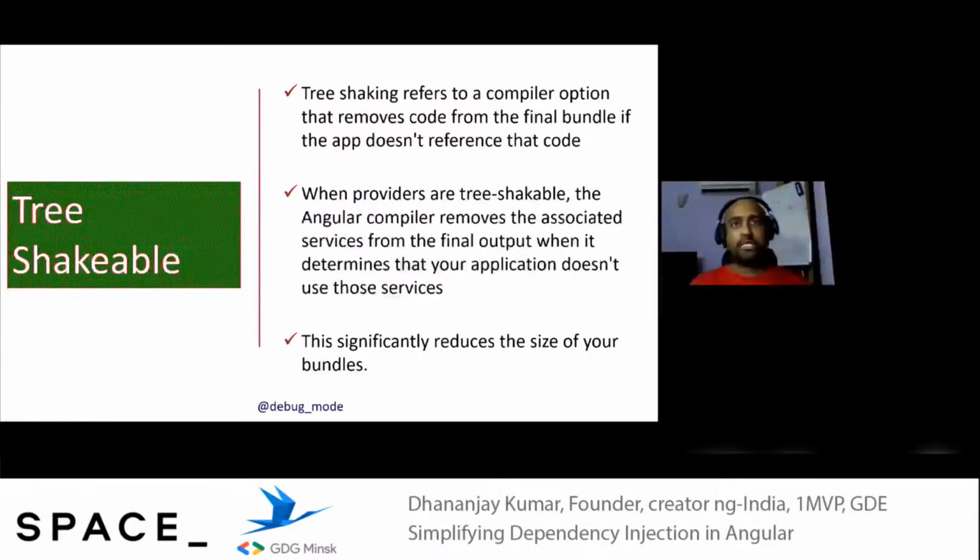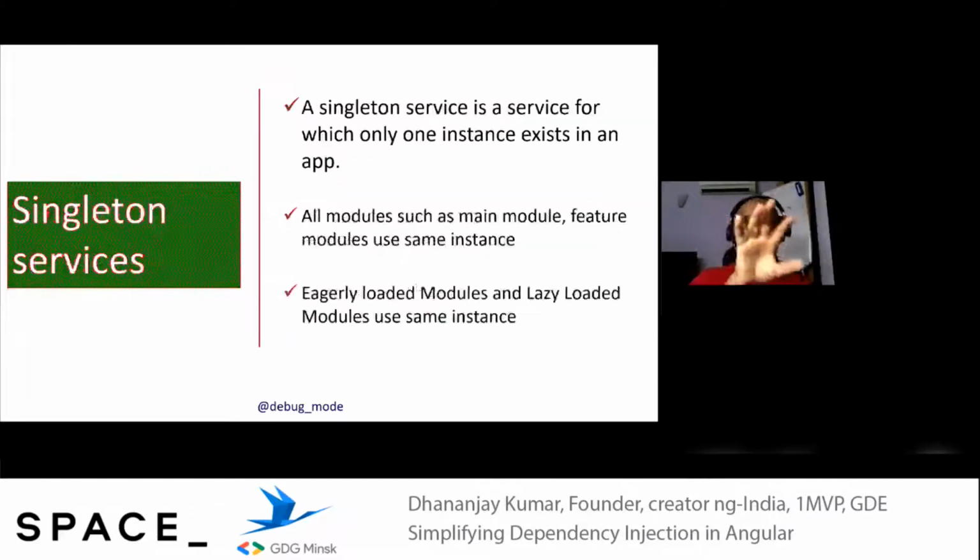If 2 of those functions are not used inside the application, they would not become part of the final output bundle. That's what tree-shakable is. Tree-shaking refers to a compiler option that removes code from the final bundle if the app does not reference that code. This is one keyword you should keep in mind, and we are going to use it a lot. It significantly reduces the size of your bundles.